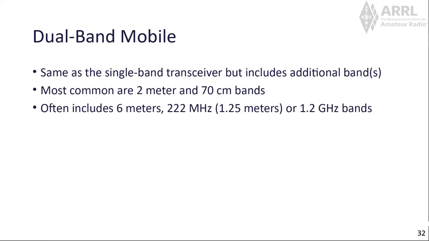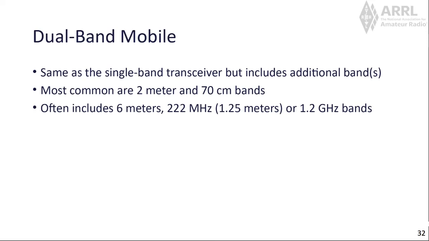You read the literature when you get ready to buy it and pick out what you think you want to use. And you need to look around and see what everybody else is using, because if you had a 1.2 gigahertz expensive handheld around here, you might be greatly disappointed in how many people you can talk to.